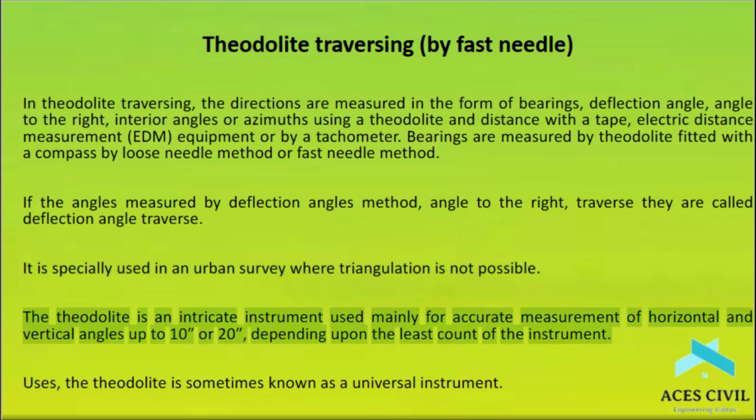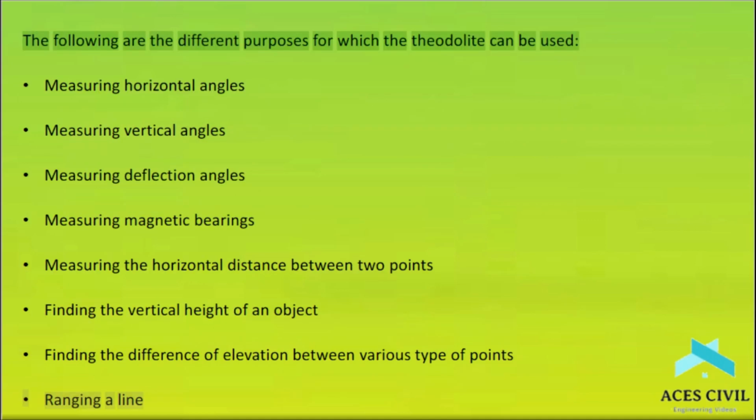The theodolite is an intricate instrument used mainly for accurate measurement of horizontal and vertical angles up to 10 or 20 seconds depending upon the least count of the instrument. Uses: the theodolite is sometimes known as a universal instrument. The following are the different purposes for which the theodolite can be used.